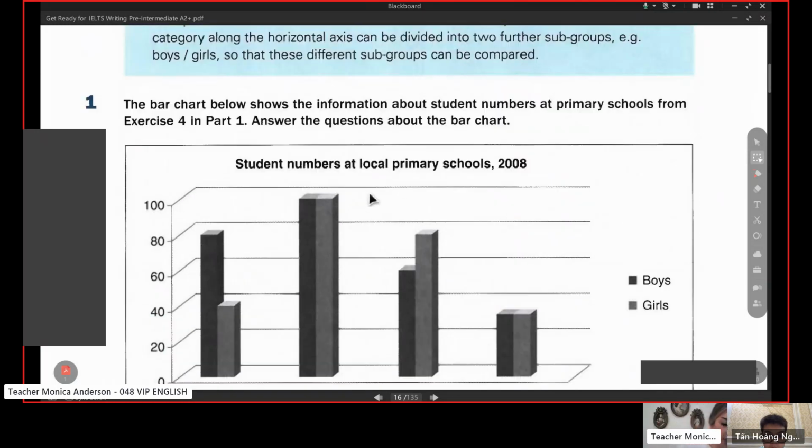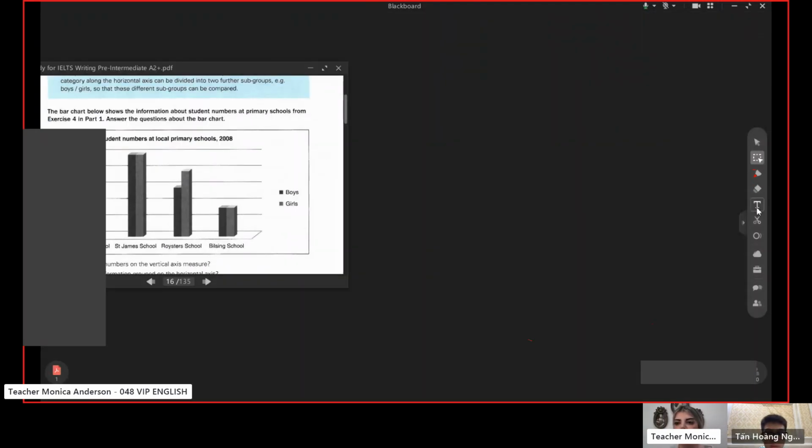But first of all, let's talk about some general information about bar charts and writing task one. Let me make it a little smaller so that you can see the board. For writing task one, you have 20 minutes.